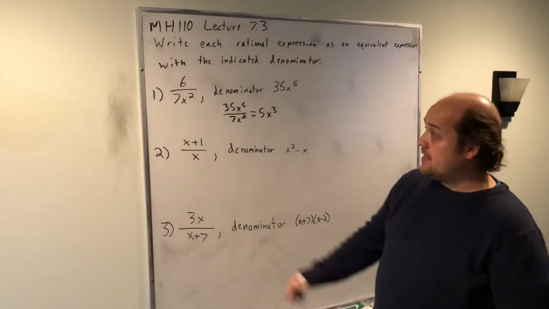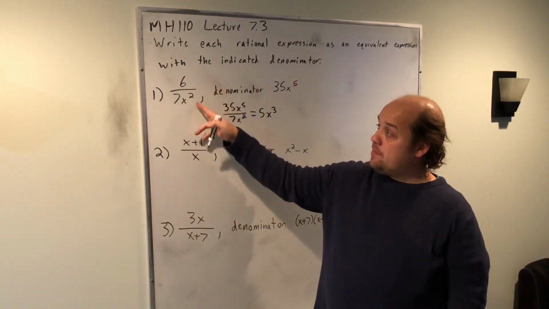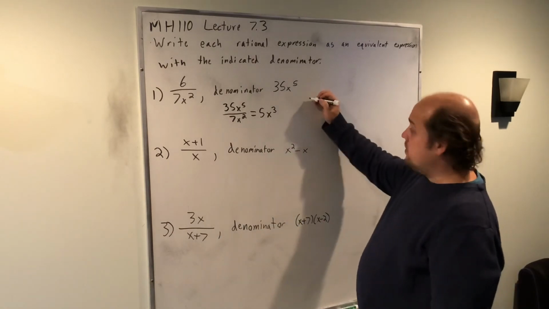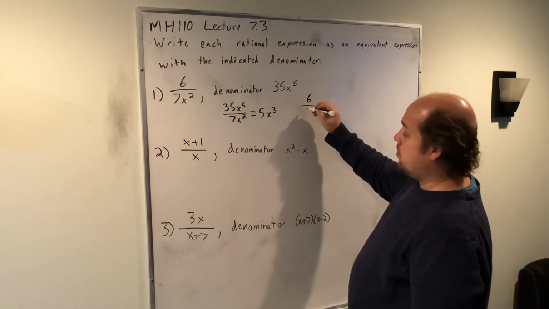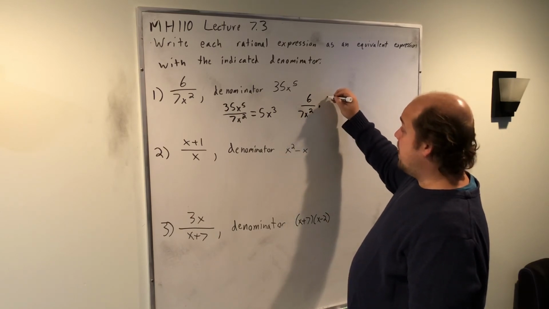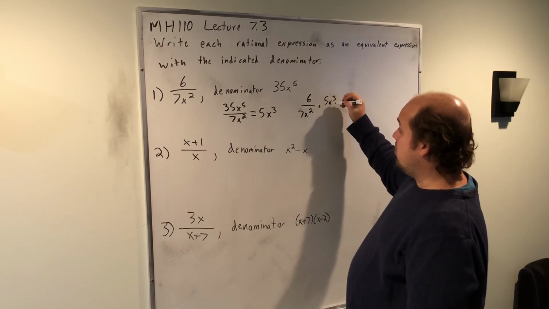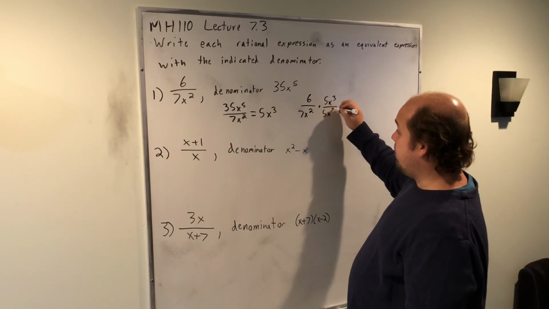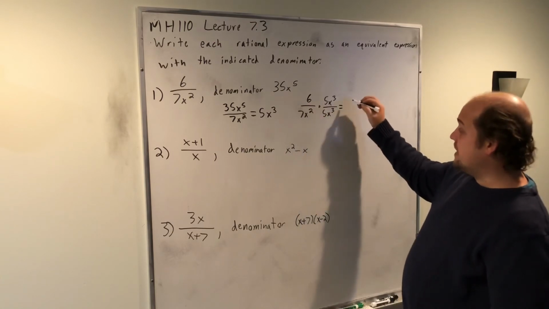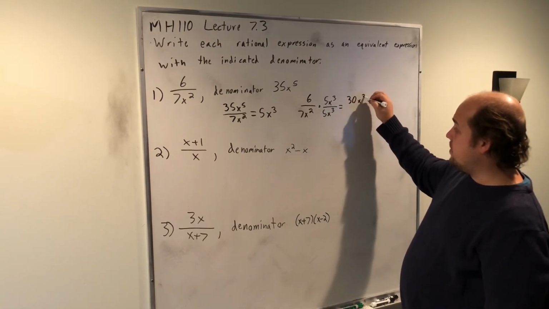What that tells me is I'm going to need to multiply top and bottom of this equation by 5x to the 3rd. If I do that, what used to be 6 over 7x to the 2nd times 5x to the 3rd over itself, 5x to the 3rd. On top, 5 times 6 gives me 30x to the 3rd.